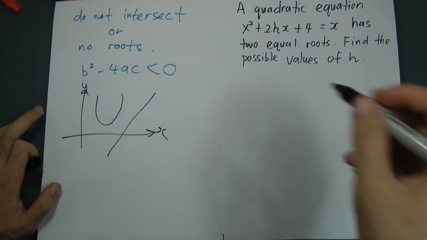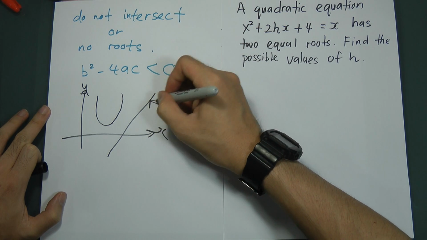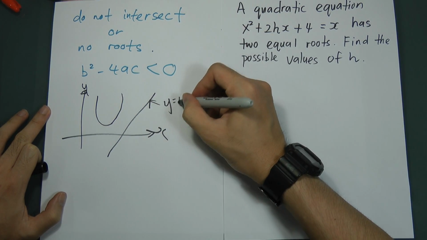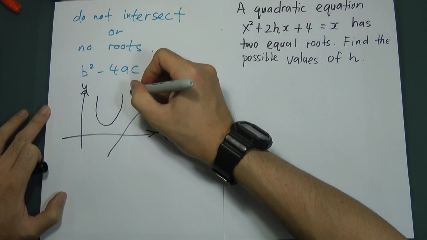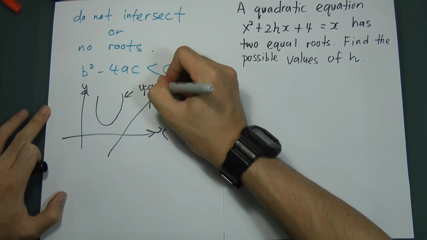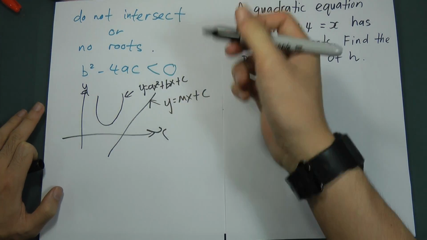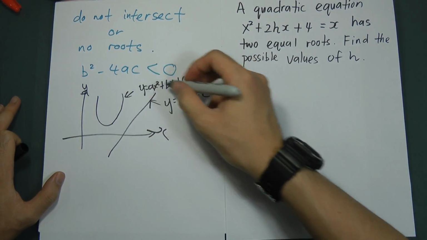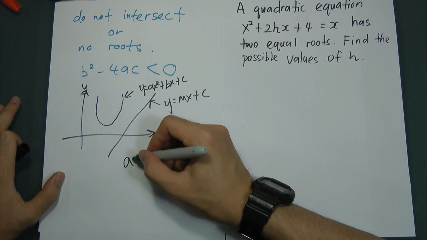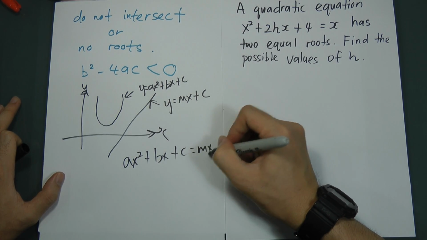Normally in this kind of example, you have to substitute the equation of the straight line, y equals mx plus c, and the equation of the curve, y equals ax squared plus bx plus c, can be any numbers. You substitute the two equations together to make ax squared plus bx plus c equal to mx plus c.